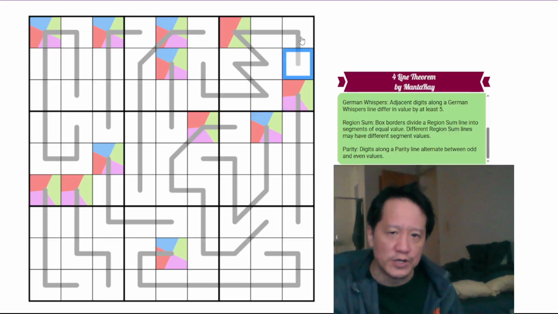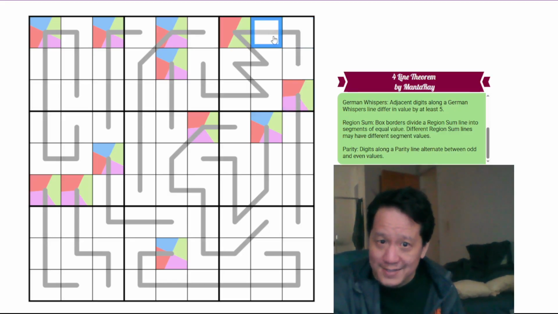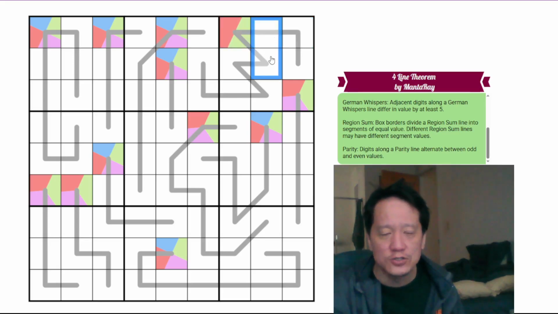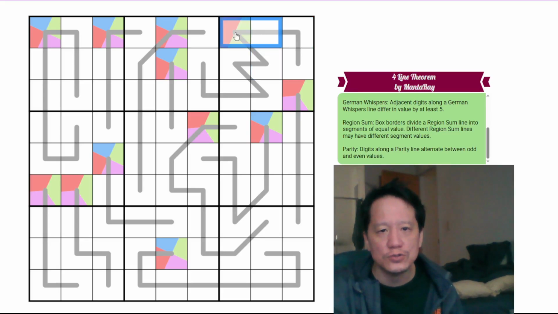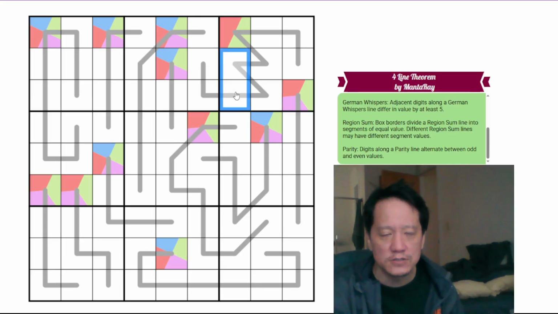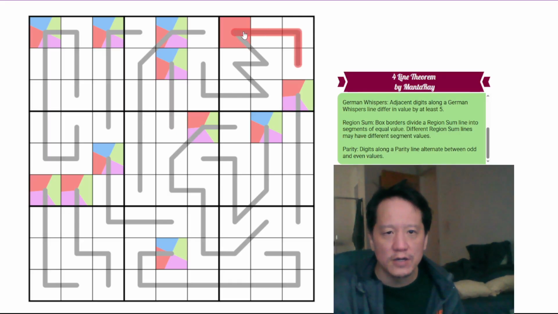This is next to 1, but this is next to 2 unique digits, and so is this, and this. So this cannot be Whisper 5. Therefore, this is a parity line.